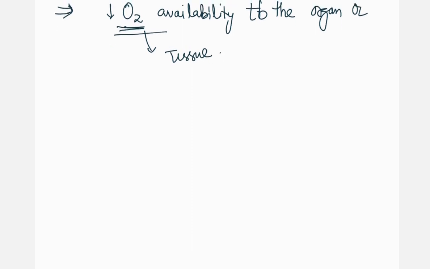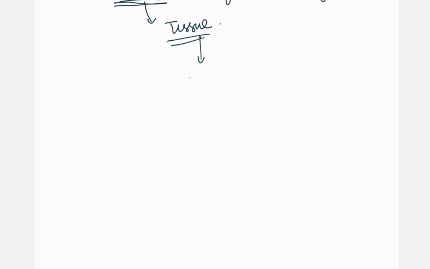When there is a reduction of oxygen to the organ or tissue, there is a decrease in ATP production. The ATP is used for maintaining the function of the tissue or the organ.